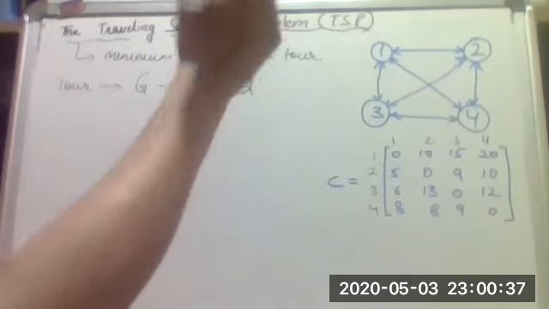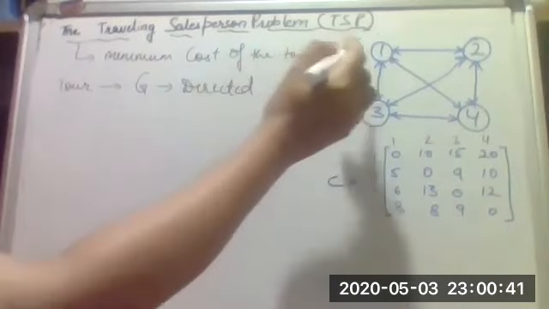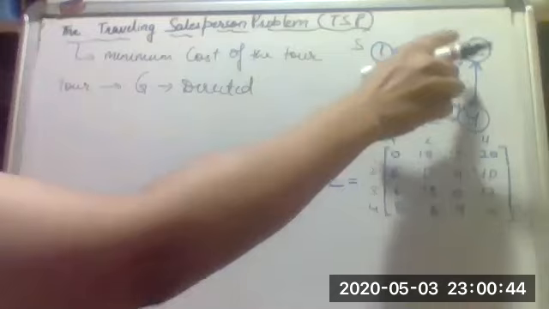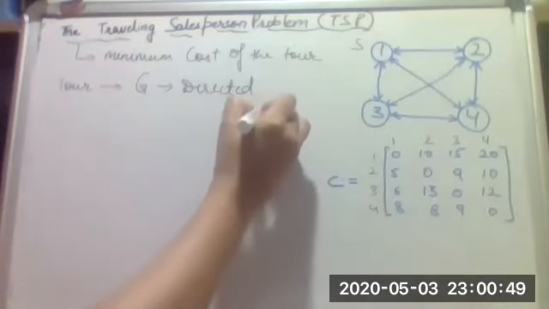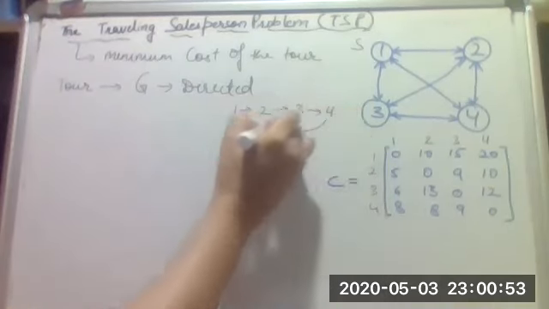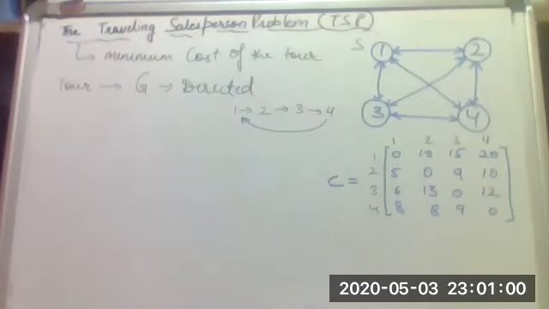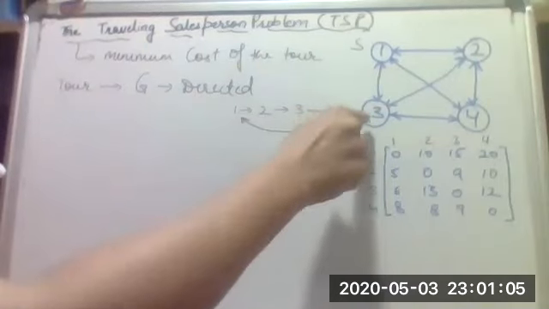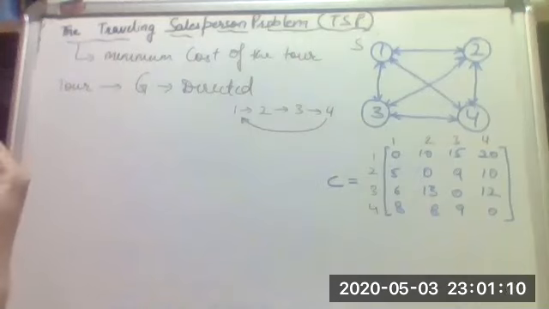That means a salesperson starts from the source vertex, let's say in this case 1, and traverses through all the vertices, maybe from 1 to 2, then 3, and then 4, and back to 1. So a tour starts from a particular vertex, covers all the other vertices and returns to the source vertex.